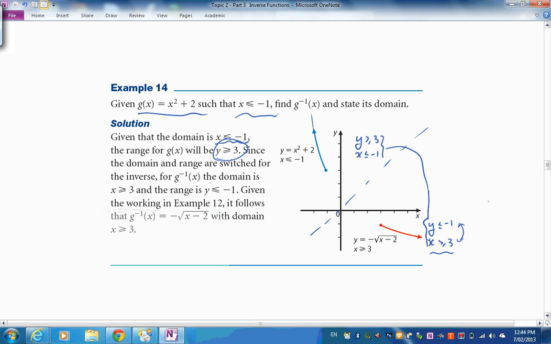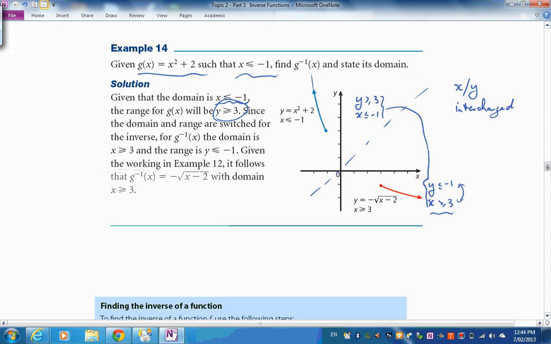So the range and domain interchange because x and y are being interchanged. That's important to note. They will always, in this course, give you a one-to-one function for finding the inverse by restricting the domain. And you can talk about those.